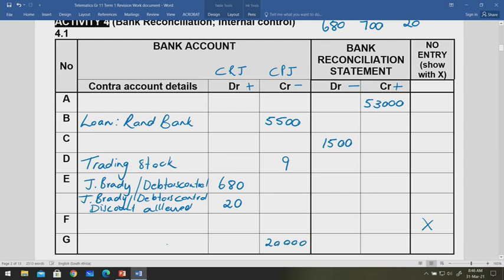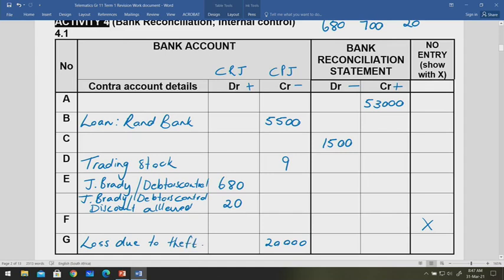Now, according to the materiality principle, we can't show this as sundry expenses. We have to highlight this. There's 20,000 that was stolen. So we will debit an account like loss due to theft. So now this is highlighted.